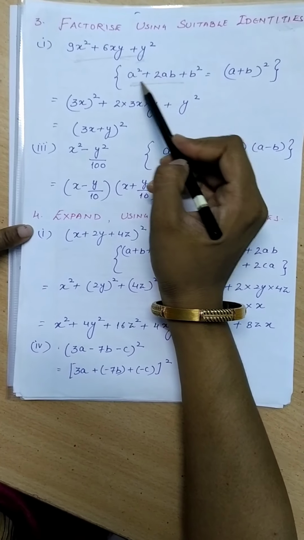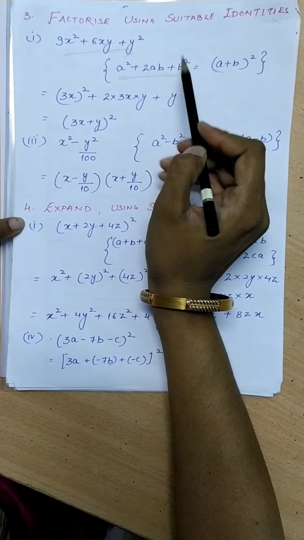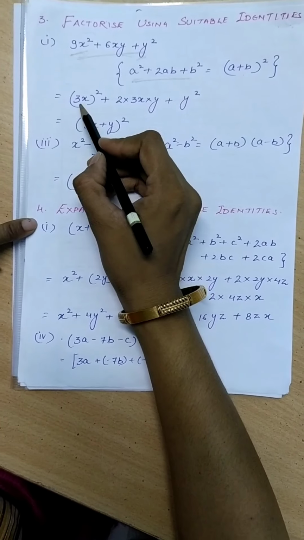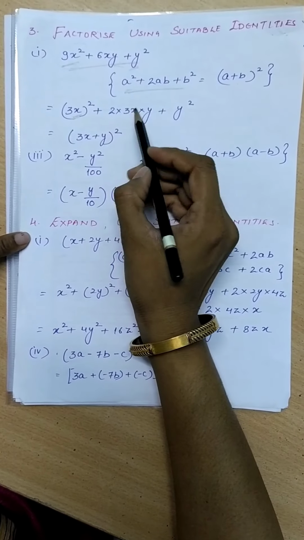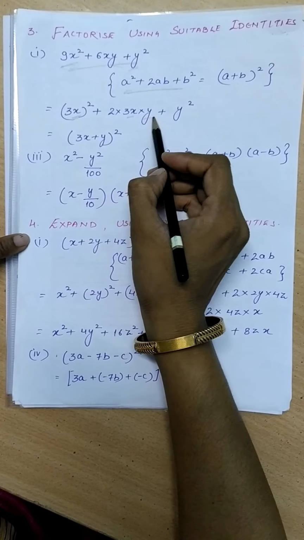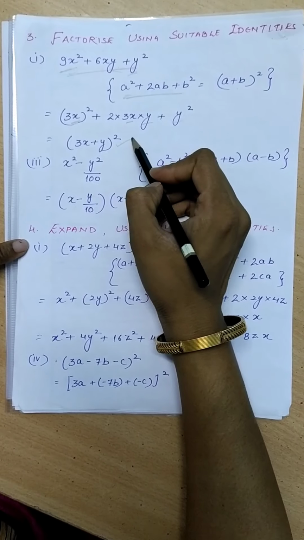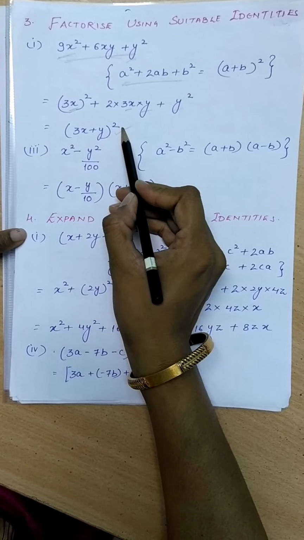Y square. So we have to convert into this way only, a square plus 2ab plus b square. So we know that 9x square is the perfect square of 3x, and in place of 6xy we can write 2 into 3x into y, and y square is already in the form of b square, so we can directly write now (a plus b) whole square, that is (3x plus y) whole square.